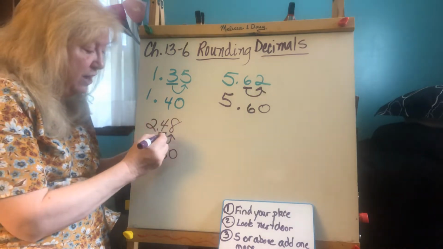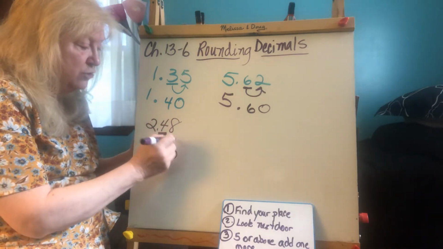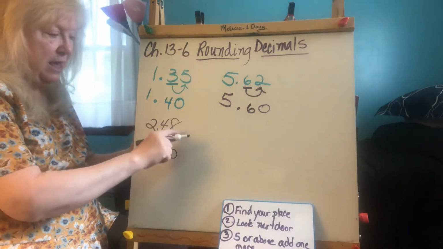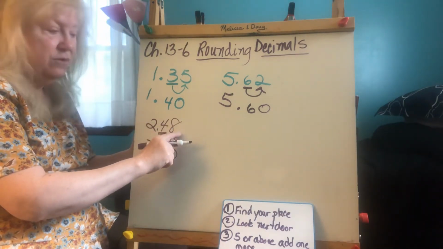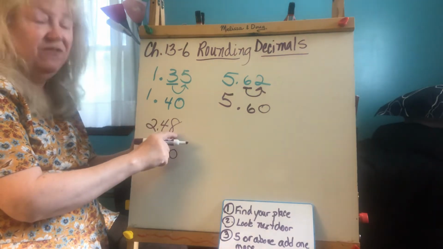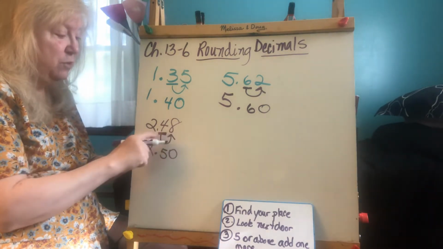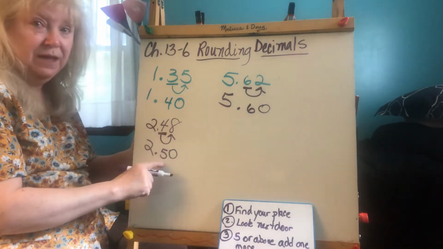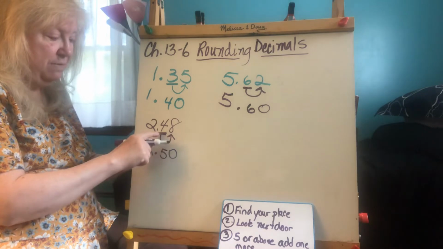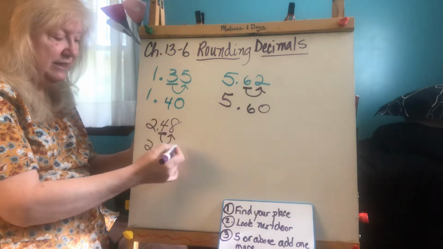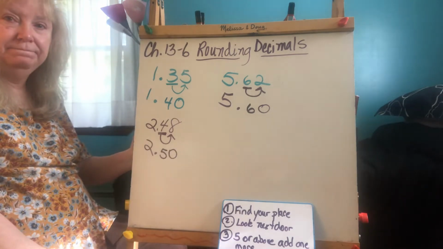So you underline, you find your place, look next door, look right next door. 5 and above, add one more to the underlined digit. So 8 is definitely above 5, so I add 1 to the 4. It becomes a 5. Everything before the line stays the same. Everything after zeros his name.